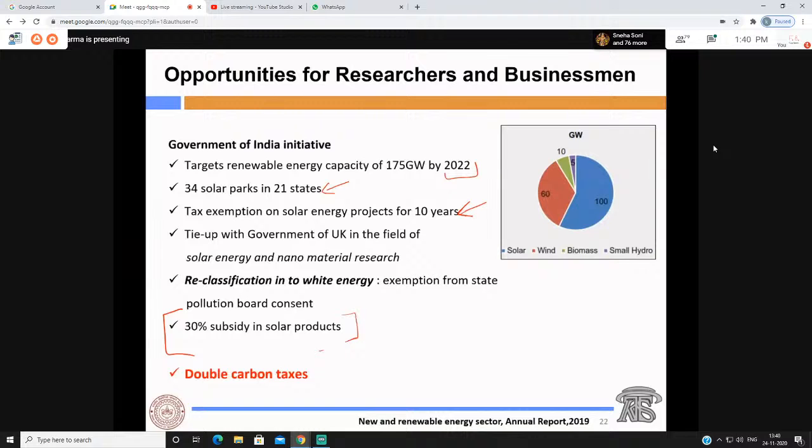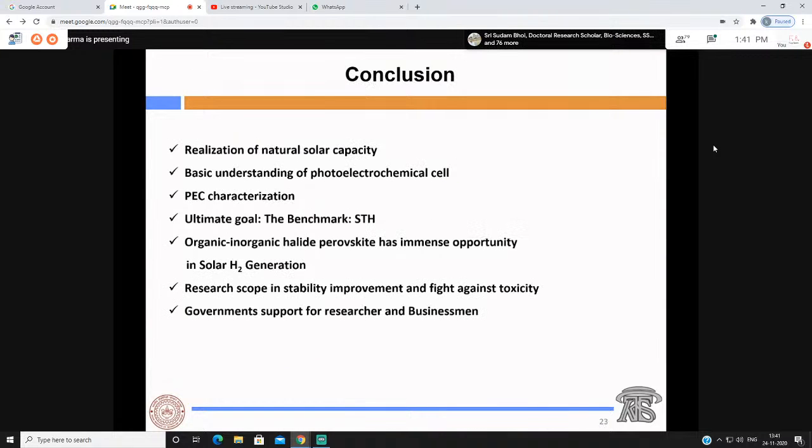I would like to conclude this session. In the presentation, we realized what the capacity of solar energy is, and whether it is able to fulfill our requirement or not.